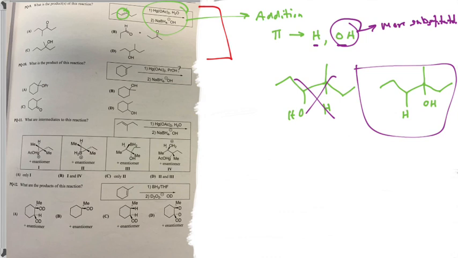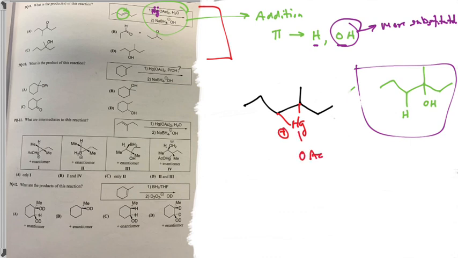The chemistry behind it is not pleasant, because it adds weird purple streaks. The chemistry behind it is that we have to remember that mercury has access to electrons. So when we run this particular reaction, mercury coordinates to the pi bond, and I dropped that carbon again.